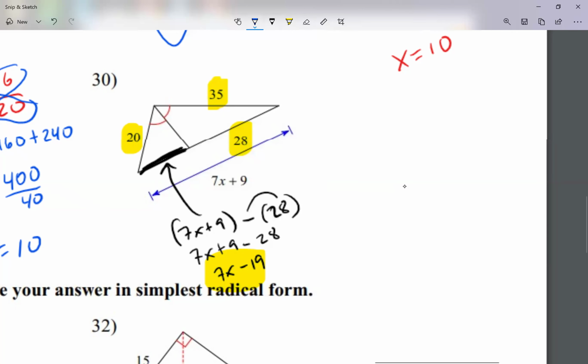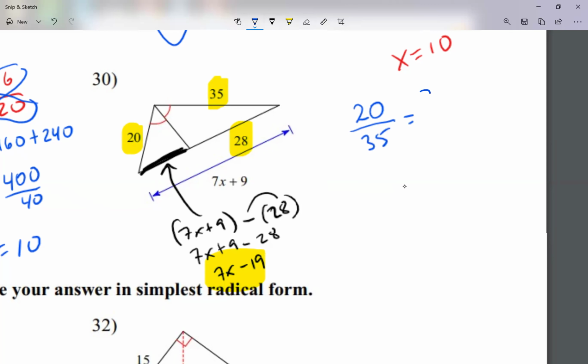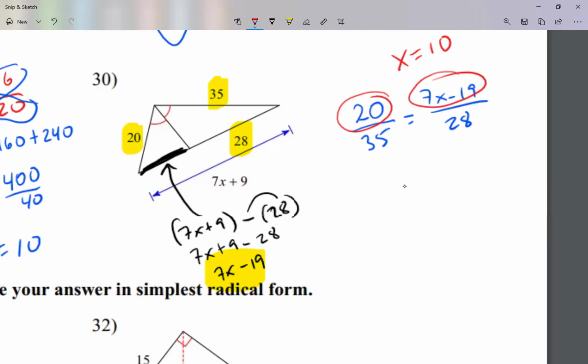Okay. So let's see. I'm going to use this number, this number, this number, and this number. Let me write this as 20 over 35. It's equal to 7x minus 19 over 28. Notice how these two are on the top of the fraction because those two come from the same triangle. Okay.